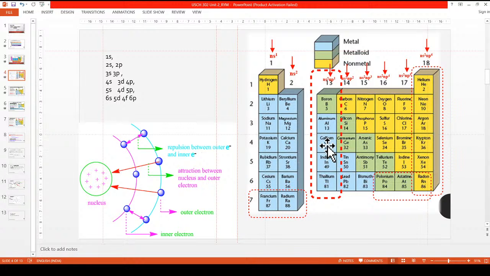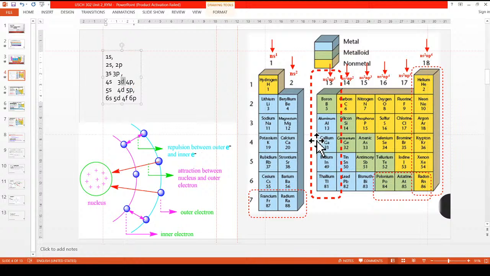In the case of gallium, this d orbital comes, and because of that the size drastically changes. In the case of thallium, the f orbital comes, therefore the size again drastically changes. So from boron to thallium, atomic and ionic size increases, but that increase is not a regular increase.